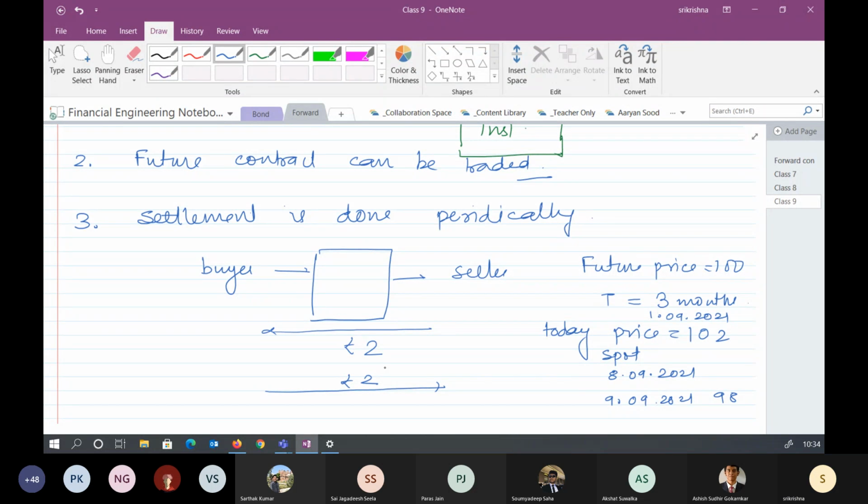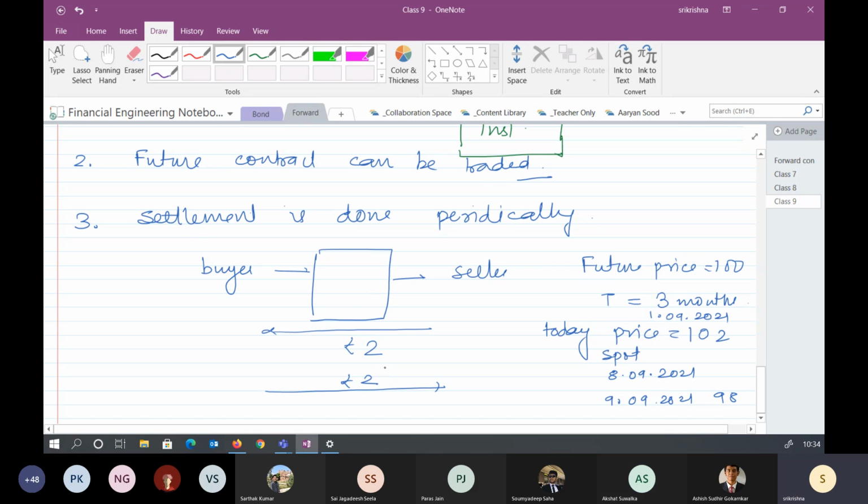But the buyer has to pay only 100 to the seller. It means that because the market price has increased, the seller has to return some money so that even if the buyer is buying at 102, he has got back 2 rupees from the seller, so that effectively he can buy it at 100.